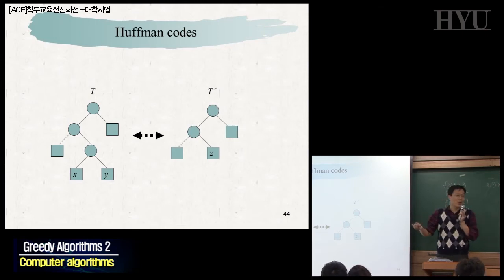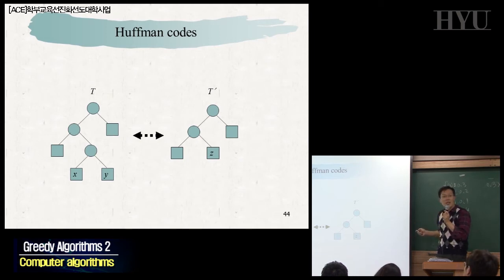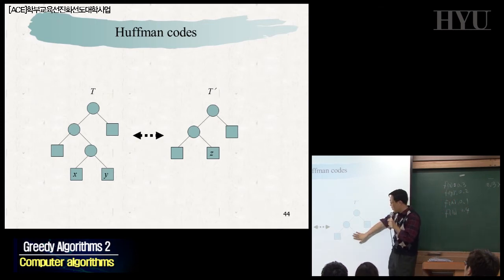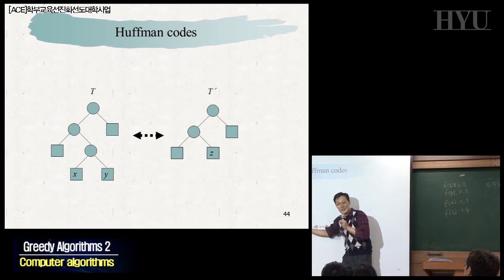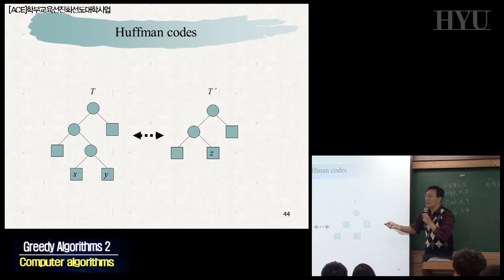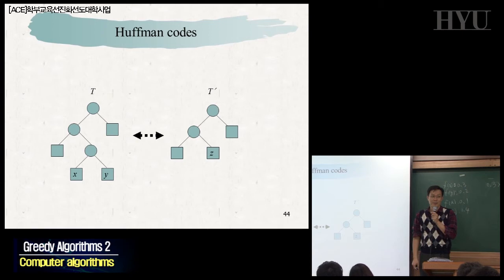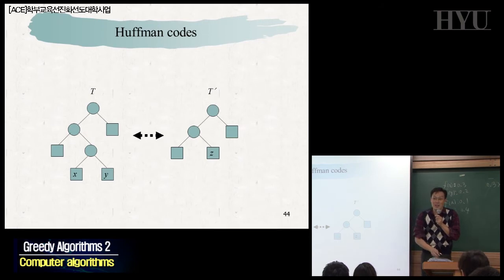And then in some way, we can create an optimal prefix tree t prime for these 3 characters. Finally, we replace z by this subtree. It is this. Then we can achieve t, what we wanted. So if we prove this claim, then the correctness of the Huffman code algorithm is proved. Okay?